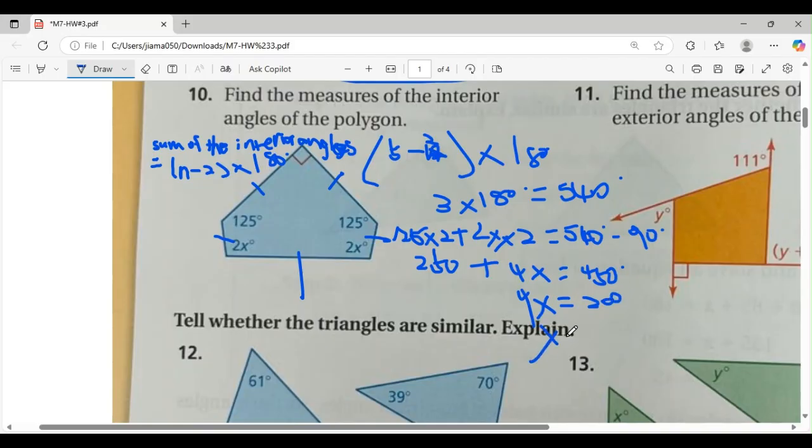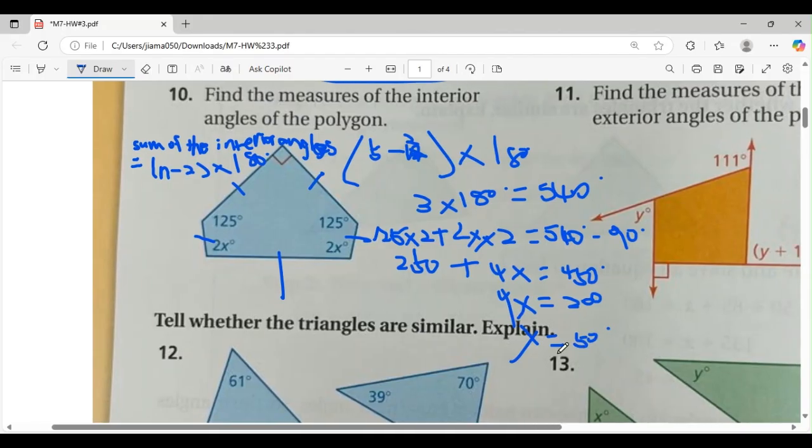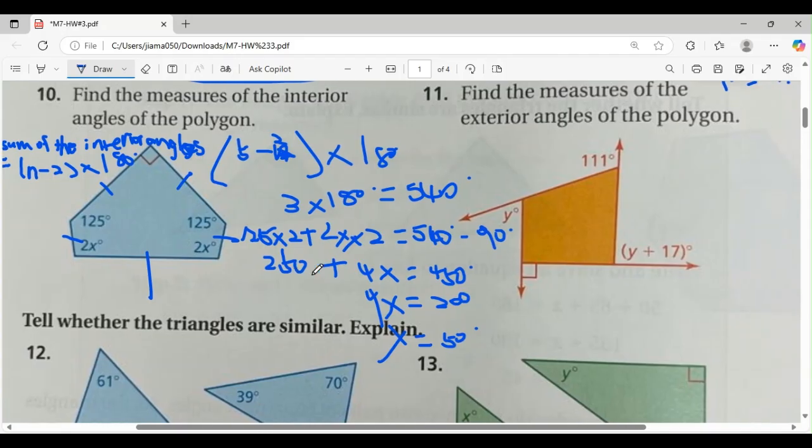X equals 50 degrees. Lastly, you just have to use 2 times 50 degrees to find the angle measures. Okay, so let's see next.